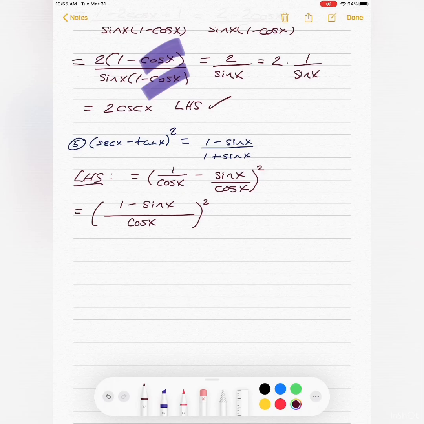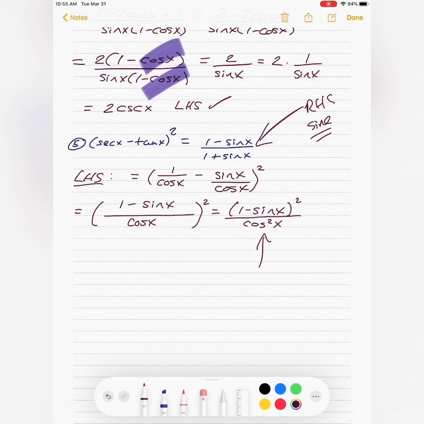Okay, let me think about, what if I distribute that squared top and bottom? 1 minus sine squared, and then cosine squared. So I'm kind of just looking up here at my right-hand side. This is my goal, right? You see how on the right-hand side here, everything's in terms of sine.